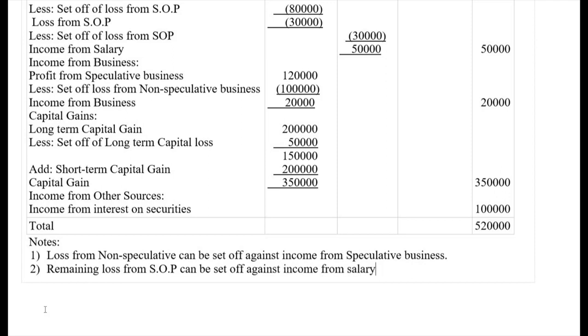Remember, this is a current year loss, which can be adjusted here. I think no other notes are required here, so just let me make the things bold here. It will be more clearly visible to you.